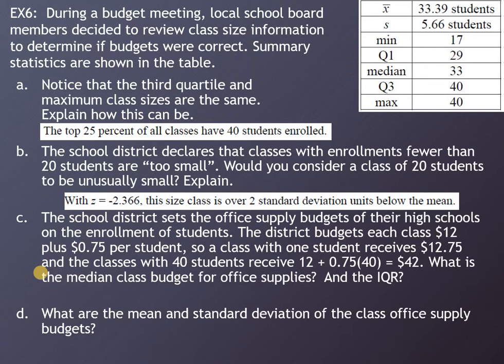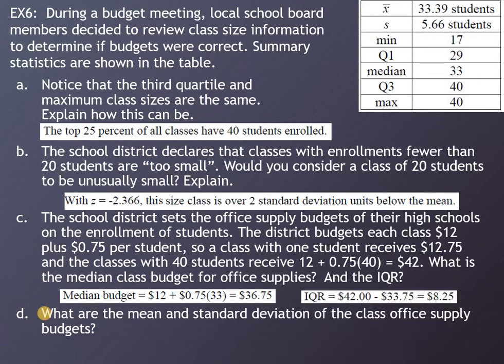So all you need to do here is plug the values in. So your median budget just works out: what do you get when you plug 33 in. Your interquartile range can actually work a couple of different ways. You can find quartile 3 and quartile 1 using this method. Or you can just say, I know the addition thing is not going to affect it.